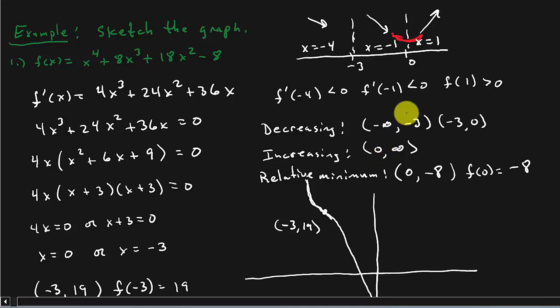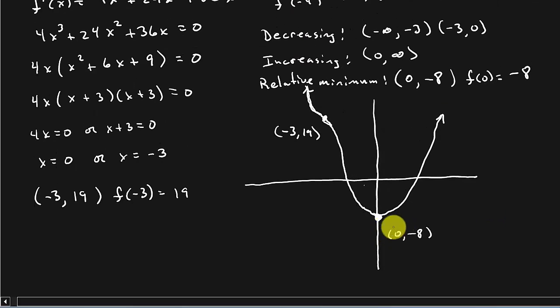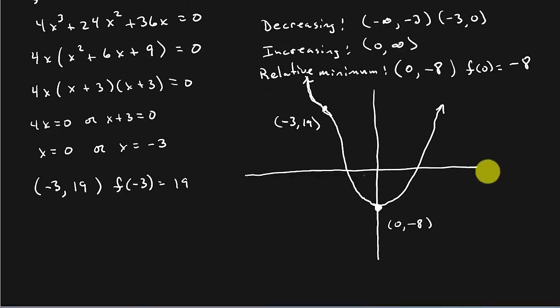And then once it gets to 0, it starts increasing again. Let me see if I can draw that a little better. It's coming through like this, and then once it gets here, it starts increasing again. And also we can see this is our relative minimum, so it comes down and turns back up. And so there's the graph of it. All right, it's not too bad.